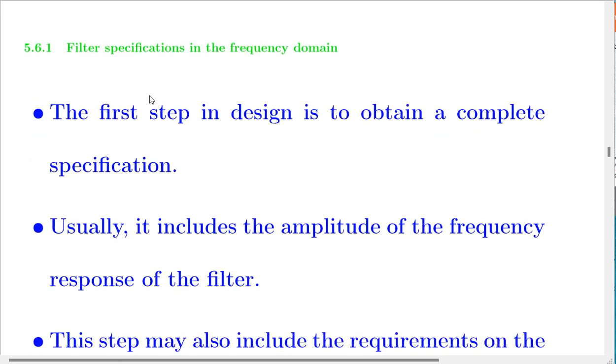Now, filter specifications in the frequency domain. The first step in design is to obtain a complete specification. Usually, it includes the amplitude of the frequency response of the filter.